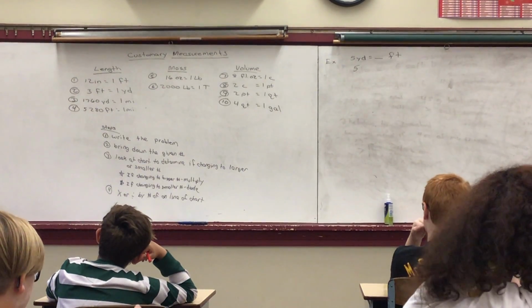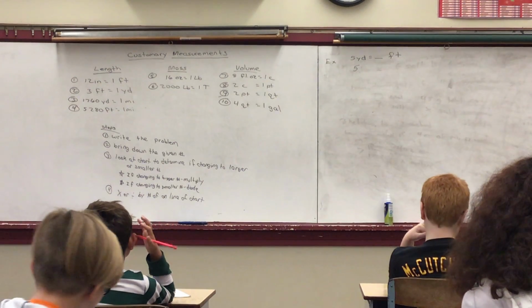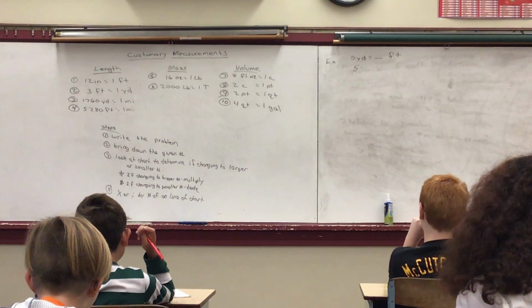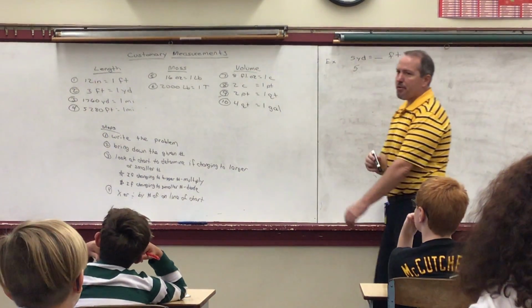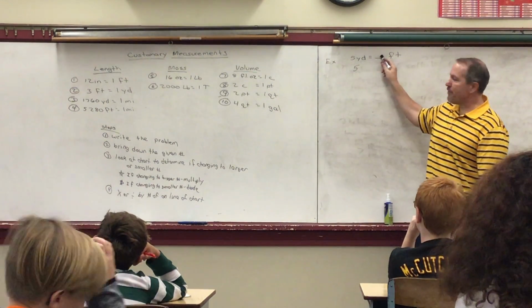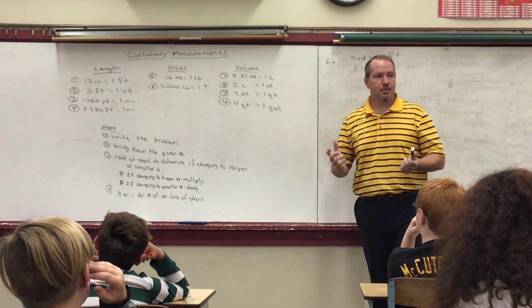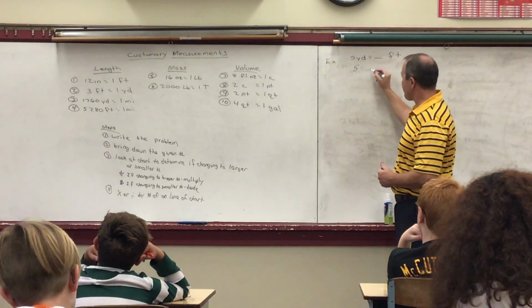Now, in our problem, we want to find feet. In line 2, does feet have the bigger number or the smaller number? Bigger number. So we want to find the bigger number, what are we going to do? Multiply.